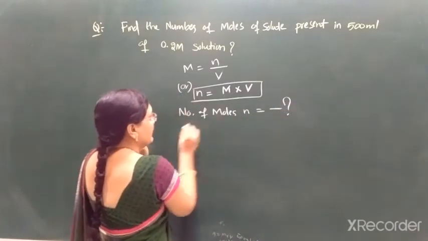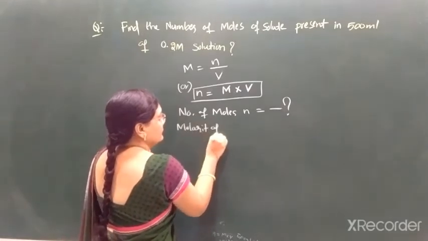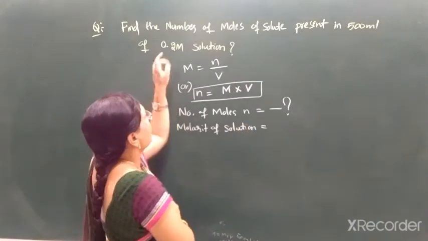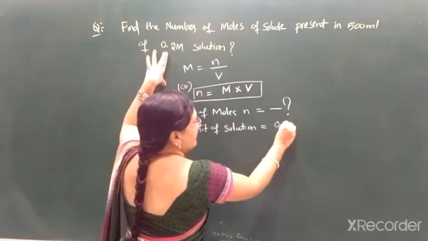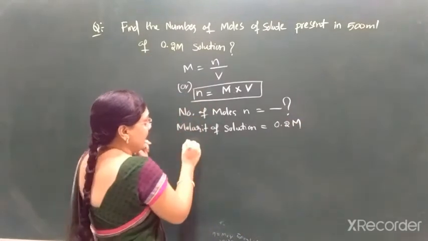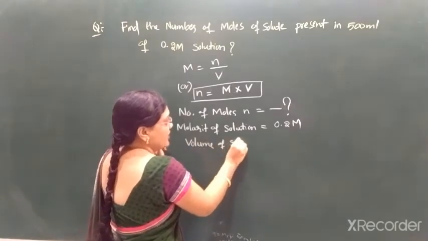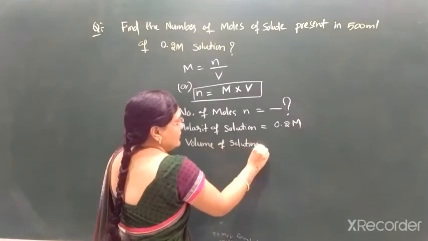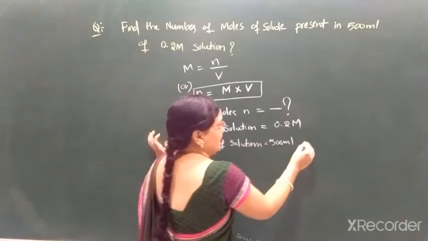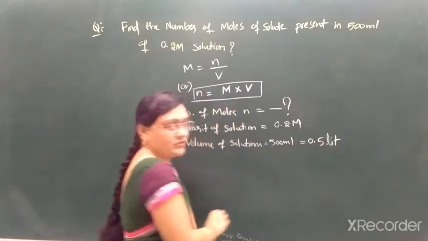We know the molarity of the solution is 0.2 M. And the next value, the volume of solution, is 500 ml, converted to liters is 0.5 liters.